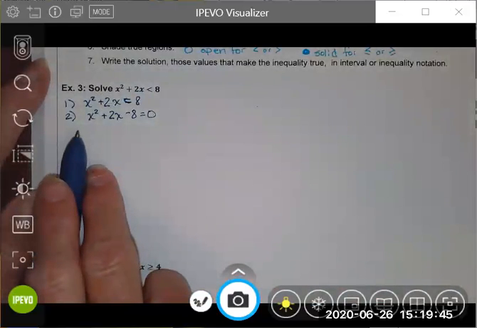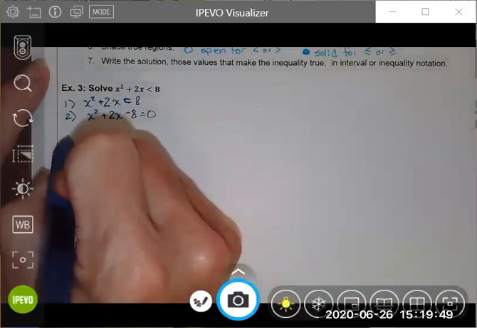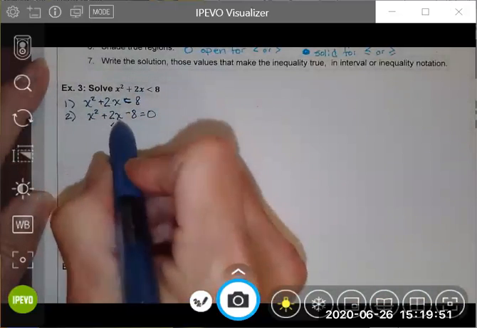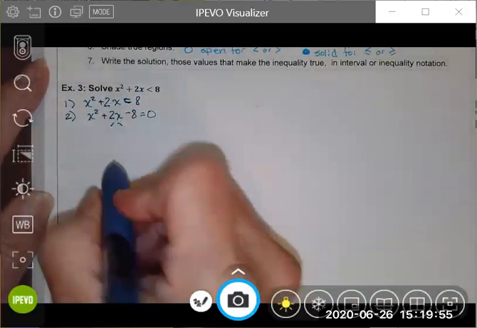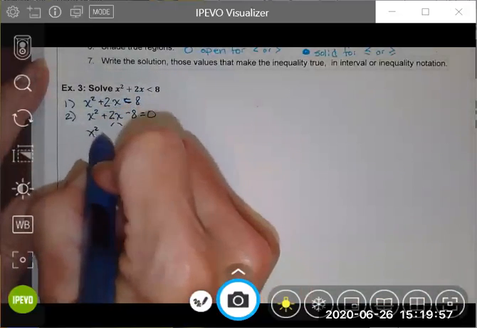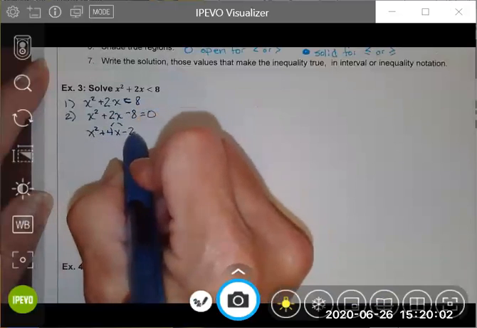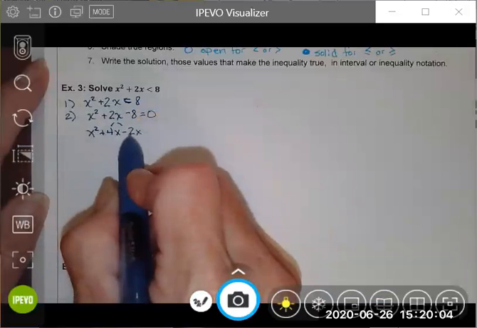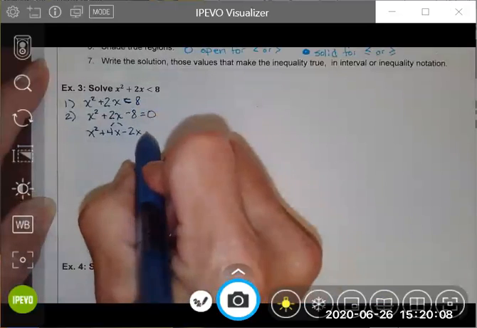The third step is to factor this. And when I factor, I'm looking for two factors of -8 that add up to 2. And so I'm going to rewrite this as x squared plus 4x minus 2x minus 8 equals 0. 4 times -2 gives me -8, and when I add them, I get a positive 2.